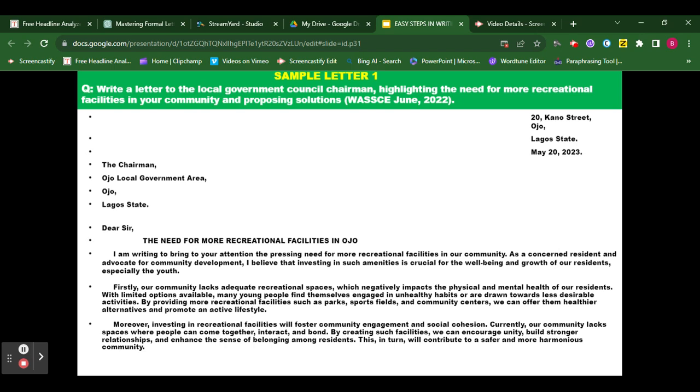This, in turn, will contribute to a safer and more harmonious community. You see, so in each paragraph, you state a major point and you explain or develop it, okay, with supporting details. So, next paragraph.